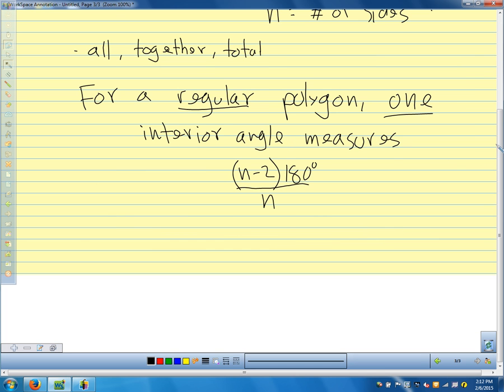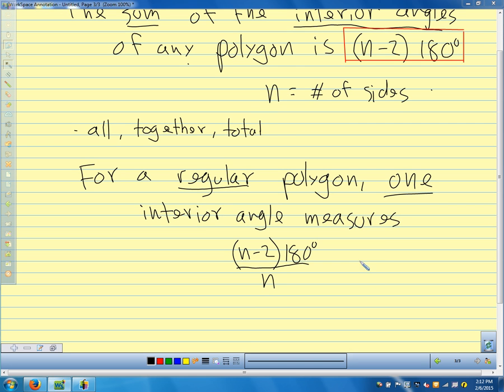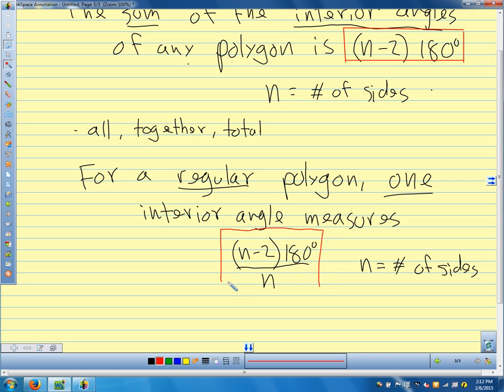And again, n is the number of sides. So this is our second important formula for today. This is the measure of one interior angle of a regular polygon. The top tells us what they all are together, and then we divide by the number of sides we have.